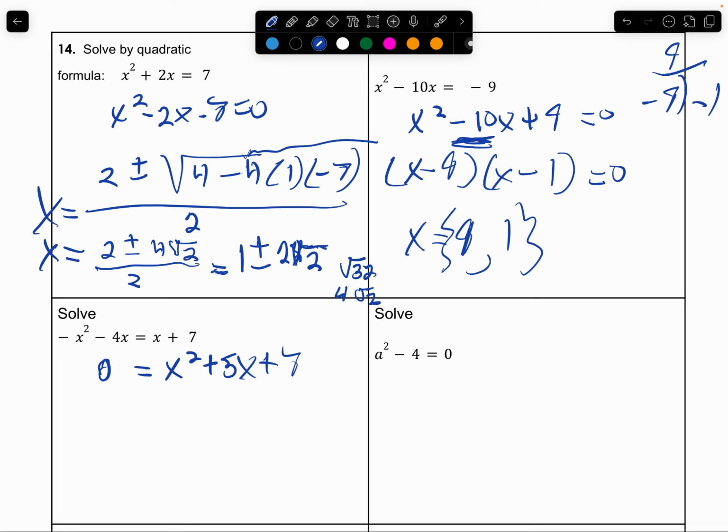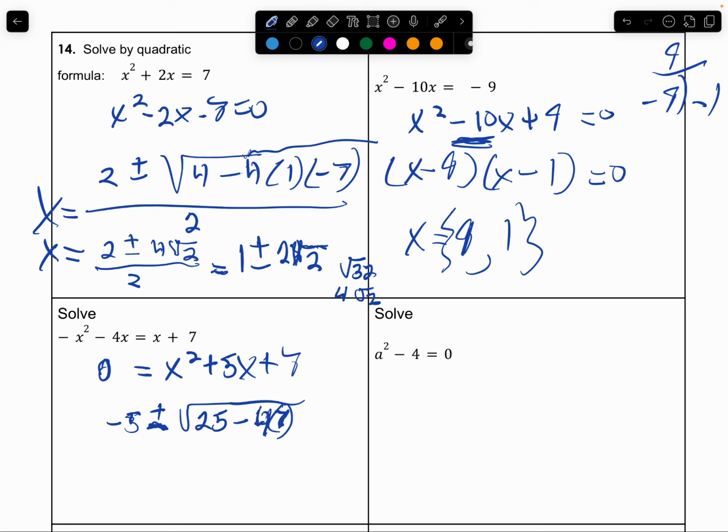I could do it with other ways, but I'm going to use the quadratic formula: minus b plus or minus the square root, b squared minus 4 times 1 times 7, 28.